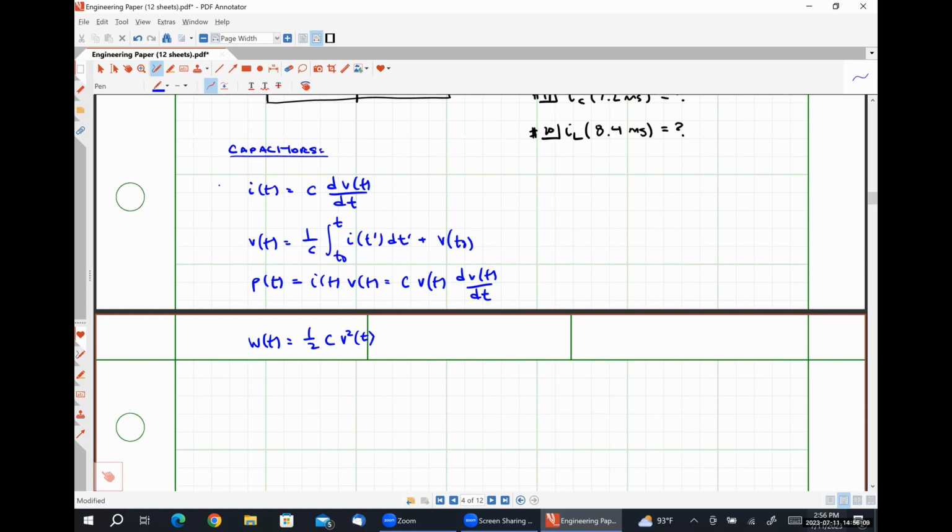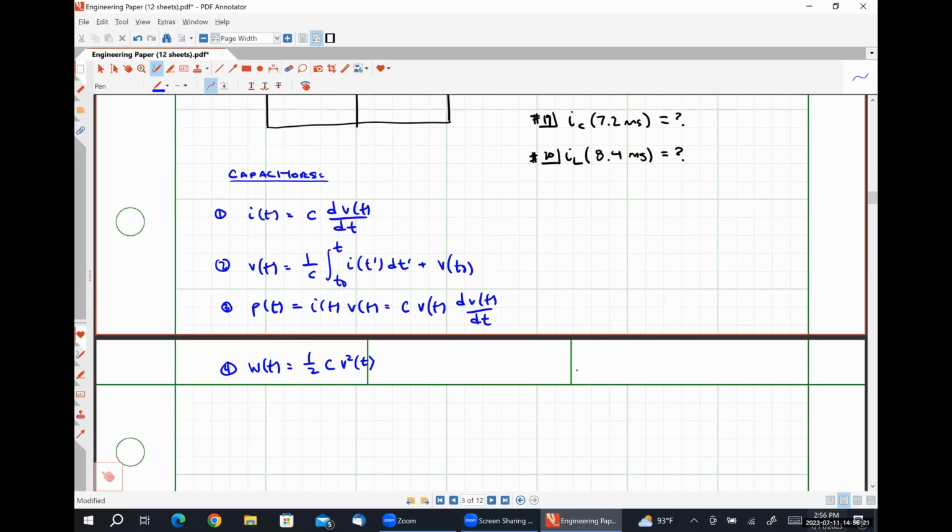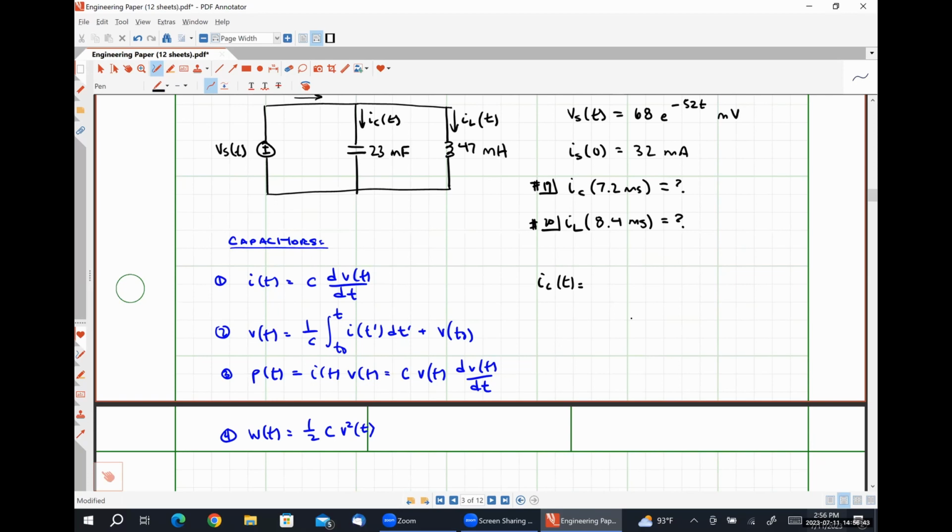So let's number these. 1, 2, 3, and 4. Which number am I supposed to use here? My guess would be 1. Your guess is correct. I know what the voltage is and I'm trying to find the current, so I would use relationship 1. Okay. So using relationship number 1, I could say that IC of t is equal to C, which is 23 millifarads.